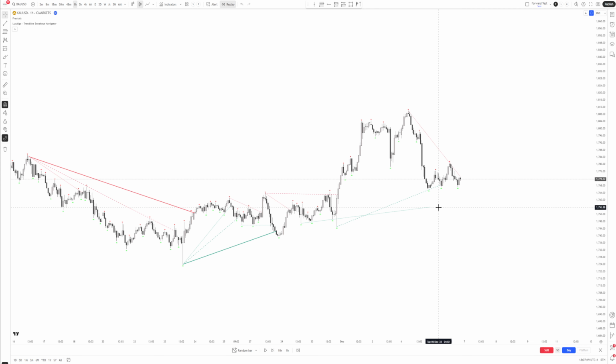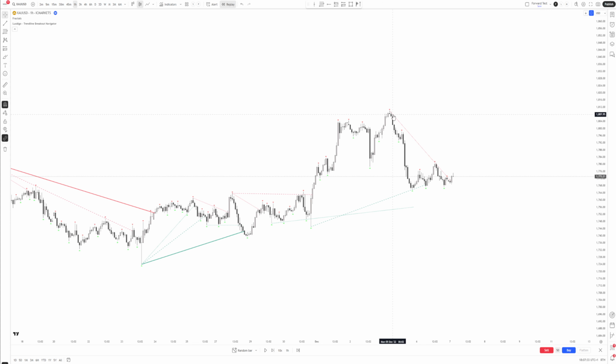Okay, now you can see that we have had a situation where price hasn't created a new trend line, so I'm going to be ignoring that. Okay, now you can see that price has broken the short term, which is a weaker trend line. I'm not going to be entering on that. I just want to enter on the dashed, which is a medium trend line, and the stronger trend line.